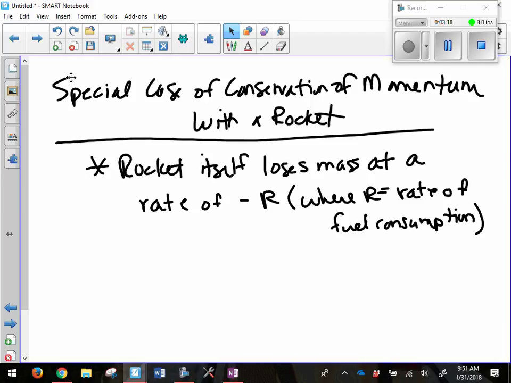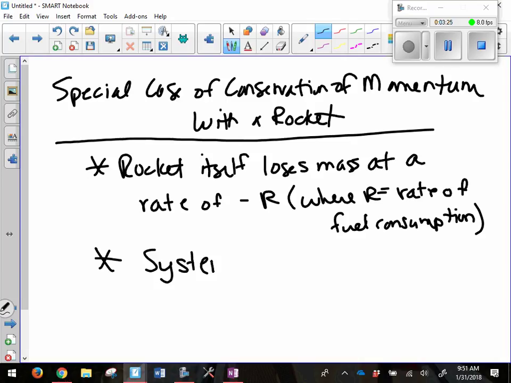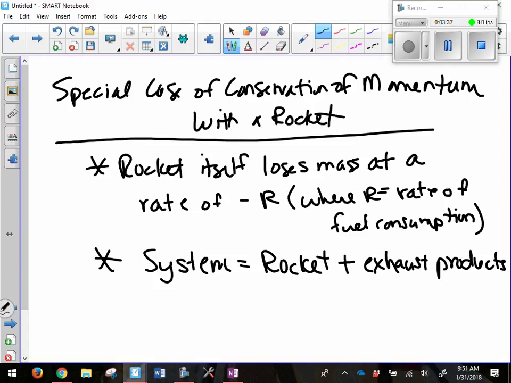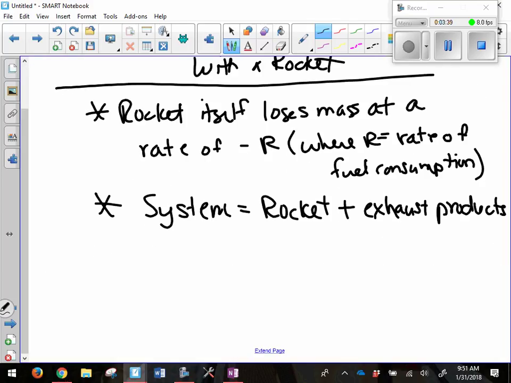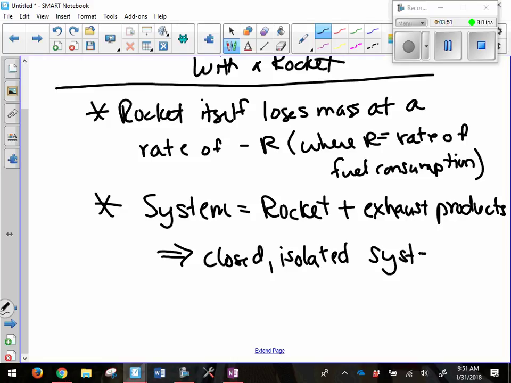And the second thing that you have to keep in mind and remember is that we need our system to be the rocket and the exhaust. Because if I let my system be both of those things, then we have a closed, because I'm not really losing any mass, isolated system.